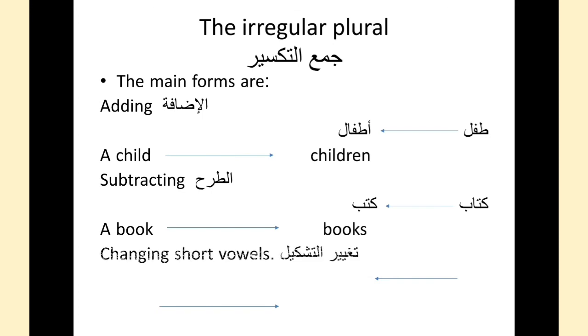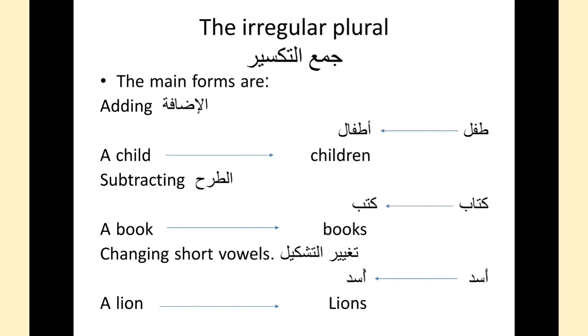The last form is changing short vowels, which means تغيير التشكيل. By changing the ضمة, كسرة or فتحة in the word. For example, أسد, which means a lion, becomes lions. Asad becomes أسد.